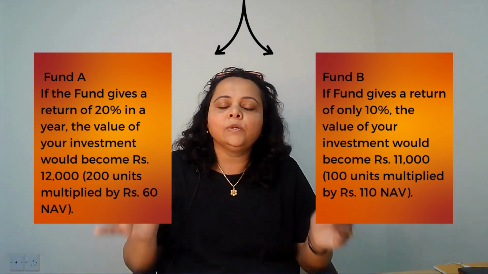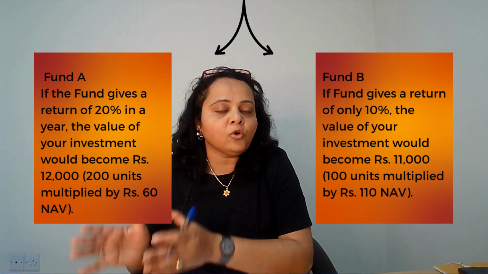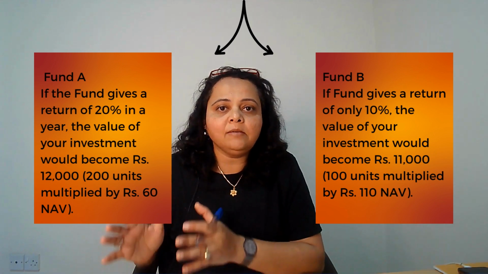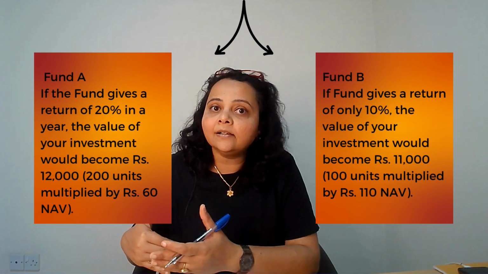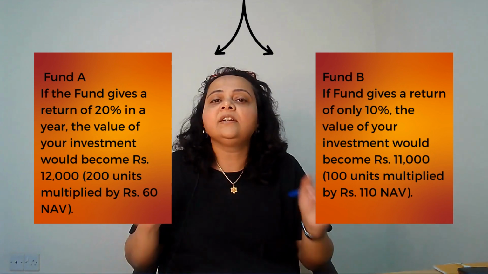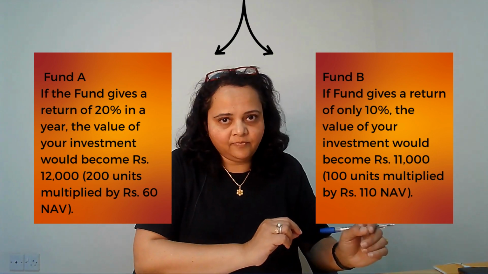Comparing these two, you will come to know that even though the NAV of scheme A was lower as compared to scheme B, the returns that scheme A gave were higher than scheme B. Correct? So NAV does not mean performance of the fund.